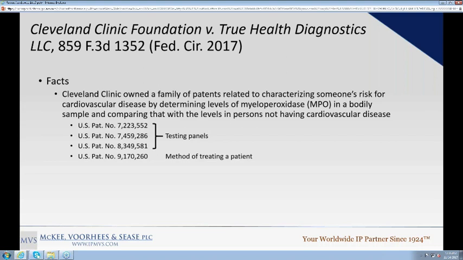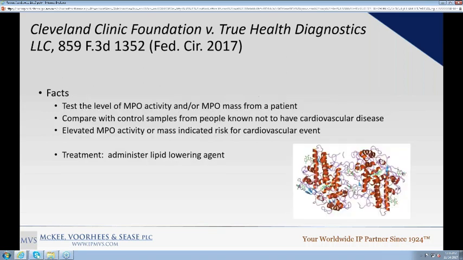And they were using this correlation to treat people for possibility of cardiovascular disease. So here's, if you were curious what MPO looks like, there it is. It's an enzyme. And like I said, they're testing the level of MPO activity, or they're testing the mass of MPO from a patient. And then they've taken control samples from patients who do not have cardiovascular disease.